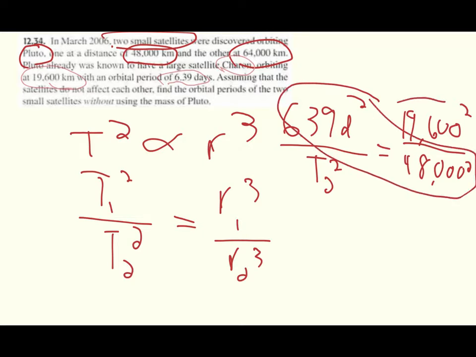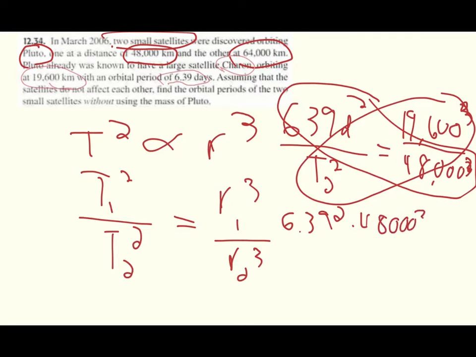Oh, these are cubed, by the way. So 6.39 squared times 48,000 cubed is going to equal T2 squared times 19,600 cubed.